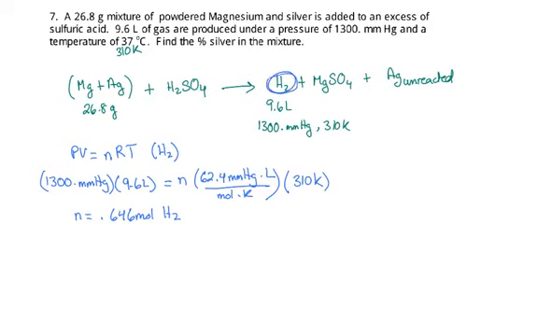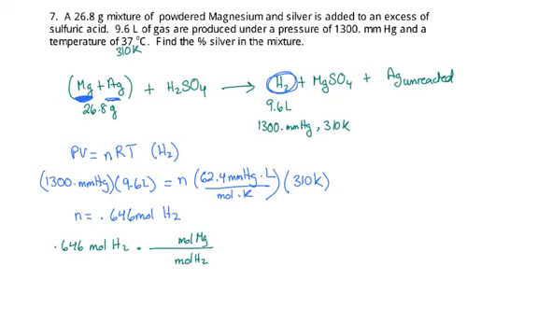We just found moles of hydrogen, but we were trying to find the mass of one of these in my mixture. So I can go from moles of hydrogen to moles of magnesium, since there was a reaction between the hydrogen and the magnesium. I'm going to say 0.646 moles of H2. On the bottom, I'm going to write moles of H2 so it cancels. On top, moles of magnesium.